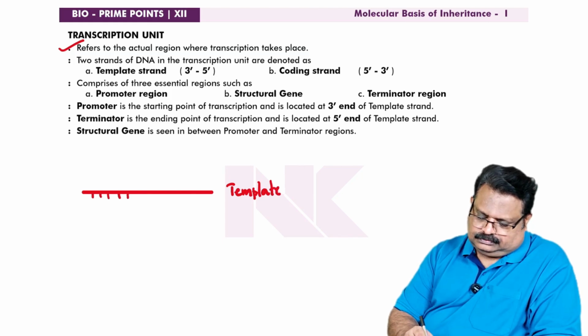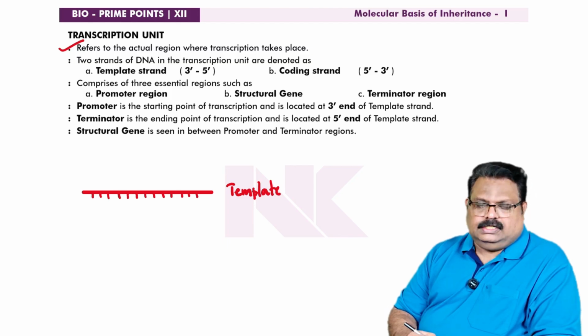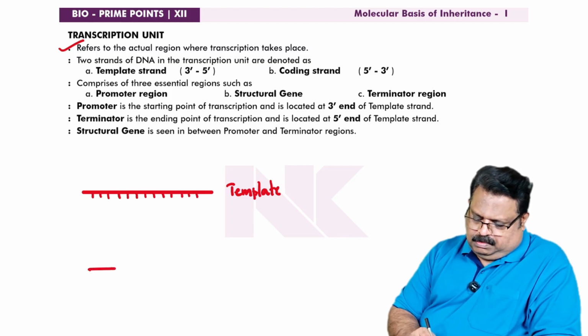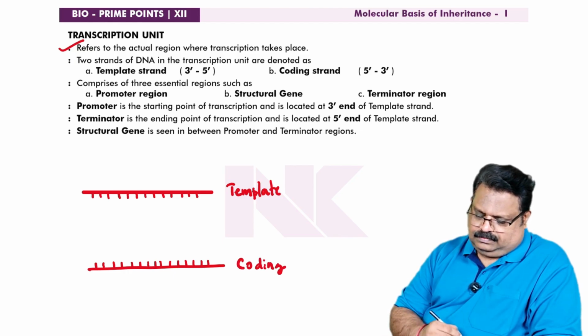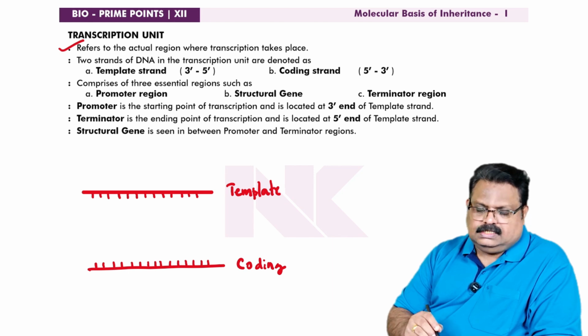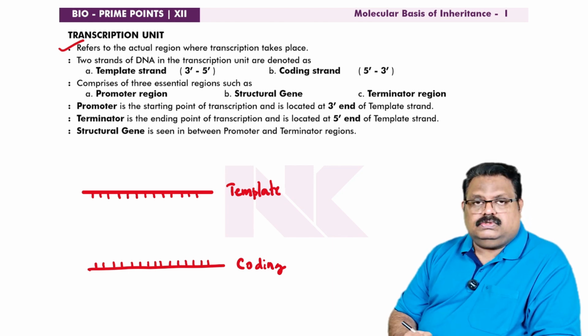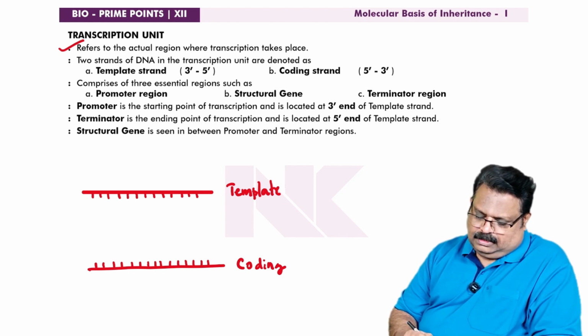This is a separated DNA strand. Its complementary strand is here, and the complementary strand is not taking part in transcription, and that is called the coding strand. So the template is a single-stranded DNA, and the coding strand is also a single-stranded DNA.